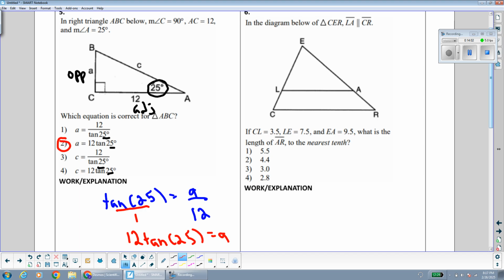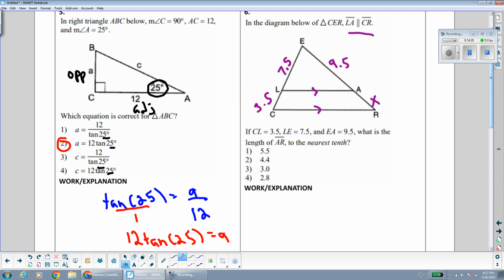In the diagram below of triangle CER, LA is parallel to CR. If CL is 3.5, LE is 7.5, EA is 9.5, what is the length of AR to the nearest tenth?